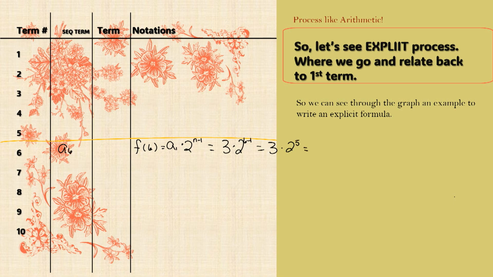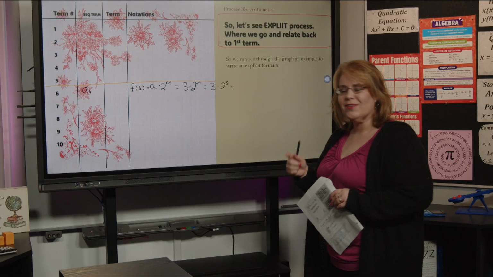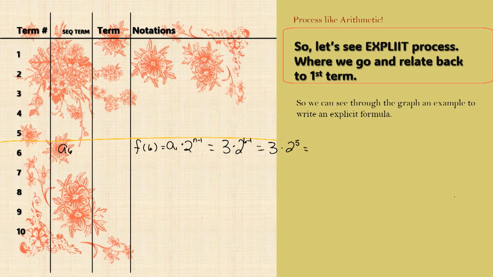I want you to plug that in your calculator. When you plug that in your calculator, what do you get? Exactly right. So let's put that. So I am going to have it equaling what? Not 48, but 96. So it's going to be my 96.